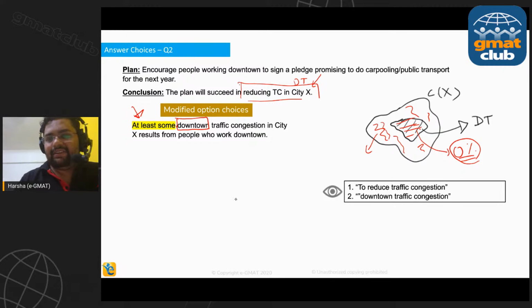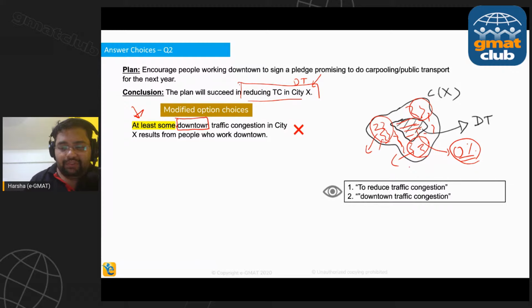So if these guys are causing traffic congestion outside downtown, even if you negate this option, that is absolutely 0% of downtown traffic congestion comes from these guys. Even then, because these guys are carpooling, all the traffic congestion that's happening in these zones will get reduced. The conclusion can still very well hold true.